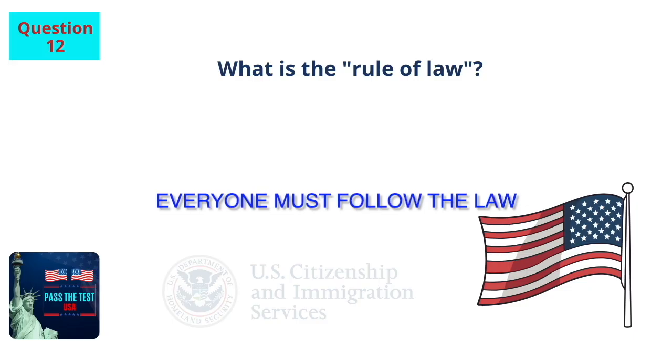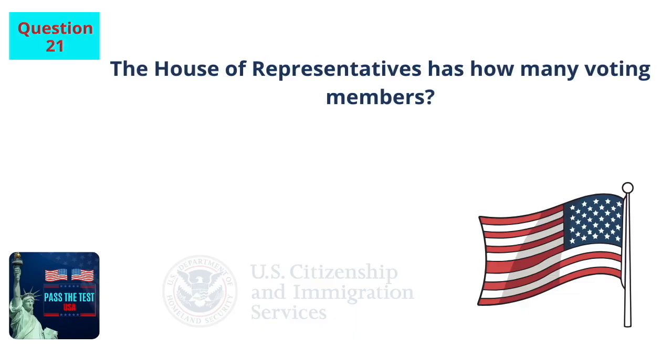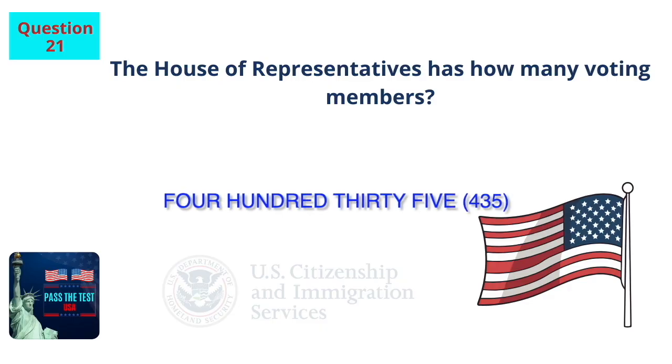Everyone must follow the law. The House of Representatives has how many voting members? 435.